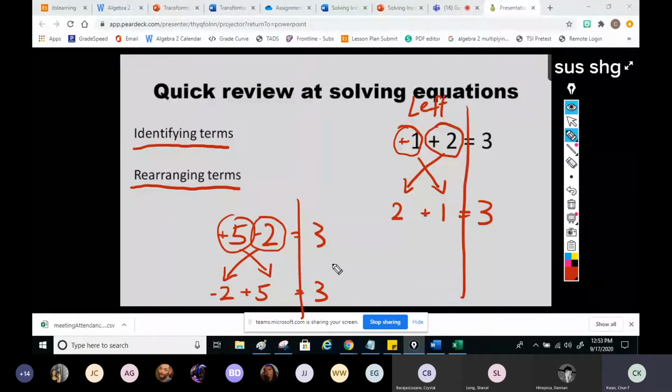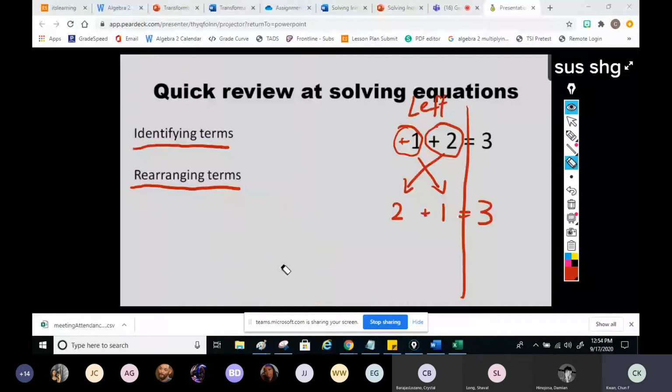The answer is yes, you can do the same thing, it doesn't matter. Like I said, if the terms are on the same side, you can move them forward and backwards, and you're going to get the exact same thing. It doesn't matter if it's a plus or minus, you can move them together. All right, so that's how you rearrange terms. Like I said, you guys should have learned it in Algebra 1 already, and I just want to quickly go over this because I know some of y'all might have forgotten a lot of things after summertime.